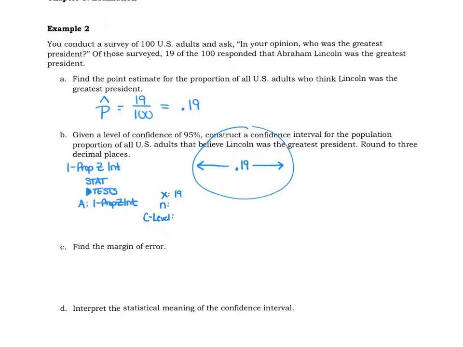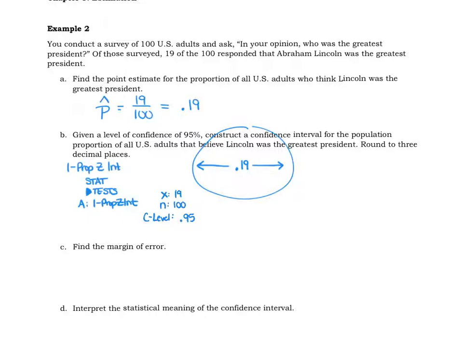N is your sample size, and your confidence level is the 95%, and put that in as a decimal, so 0.95. Let's get that typed in, then hit calculate, and it should return some values to you. There'll be 3 things.